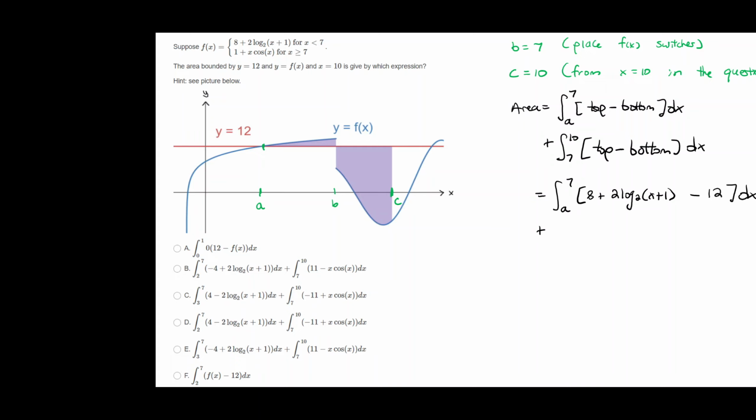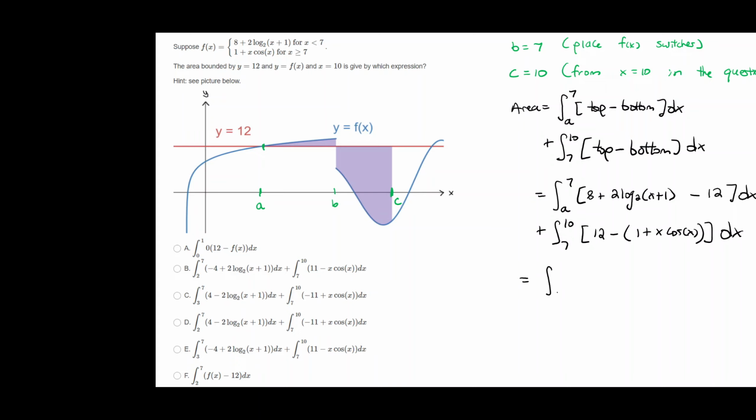And for the second part, going from 7 to 10, now the red curve is the top function, so the top is 12 and the bottom is our blue curve, which for x larger than 7 is 1 plus x cos of x. Okay, now each of these can be simplified.